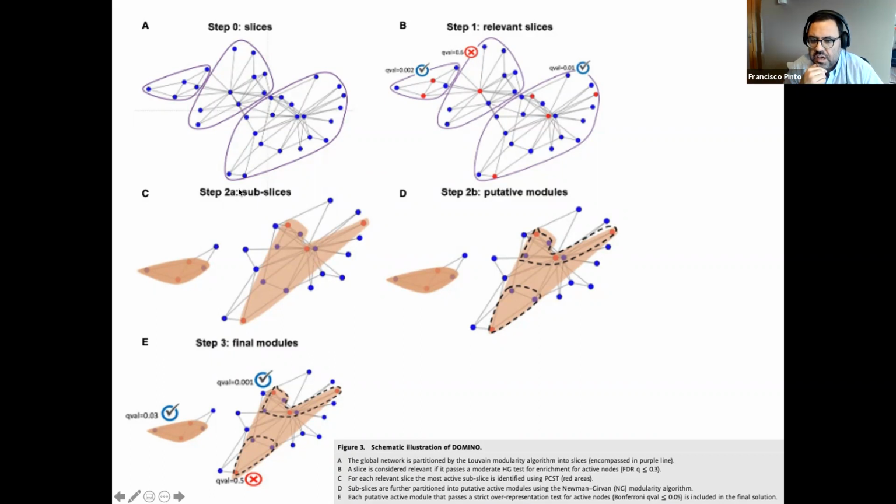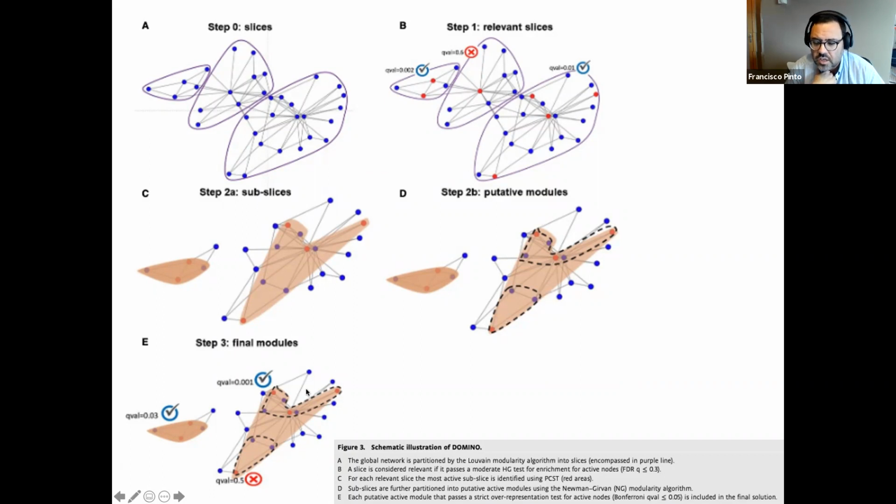And if after performing this prize-collecting Steiner tree algorithm you still have a large cluster of genes, and by large they mean that if you get a subnetwork, which they call a subslice, that is larger than 10 genes, then you apply a clustering algorithm again to find submodules within this subslice.